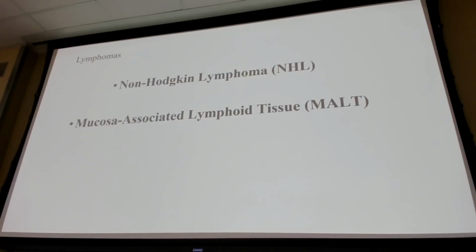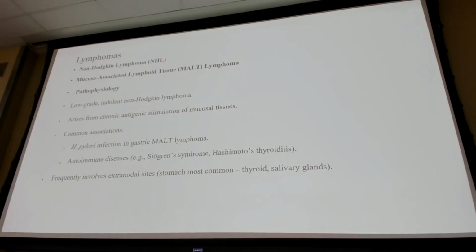All right, more non-Hodgkin's, more extranodal involvement. This is MALT, mucosa-associated lymphoid tissue. Pathology is a low-grade, indolent non-Hodgkin's, as opposed to Burkitt's, which is more aggressive. So here we have the association of H. pylori and gastric MALT.